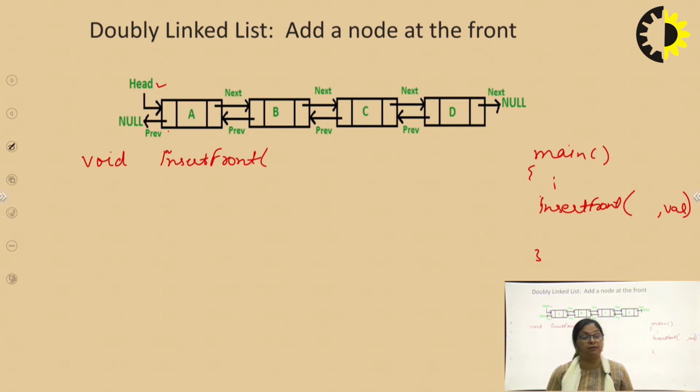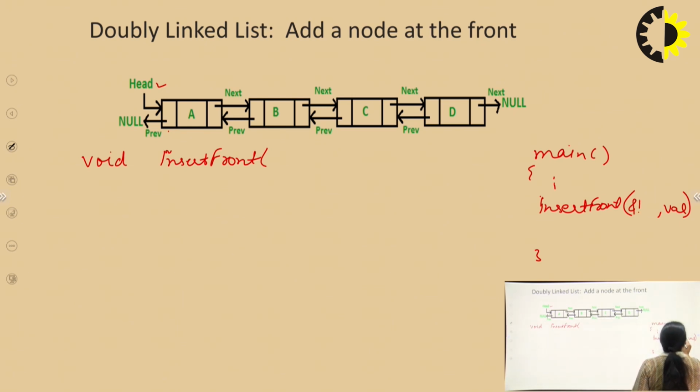Why? Because head is pointing to the first node, and when we add something in the front, we are actually creating the first node. After creation of that node, head should point to it. So I need call by reference, because that change in head should be reflected in main. So I am sending the address of head from here, because head will get changed later.